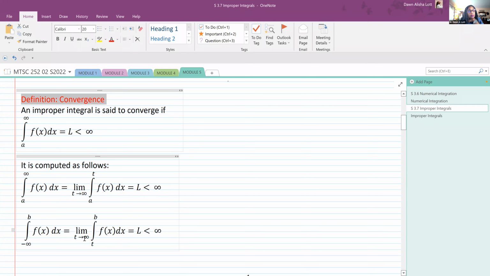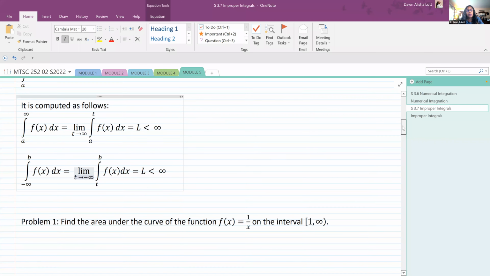Uh-oh, there's a negative missing. I can let t go to negative infinity, or I can make this minus t and make it go to infinity. Either way, same difference, of the function f of x equal to L. Again, looking to see if I get a number, any number that is finite, anything other than infinity. If I get infinity, then my integral diverges.